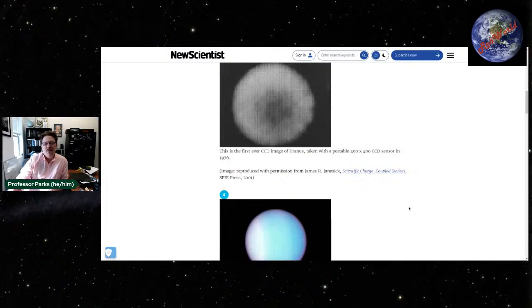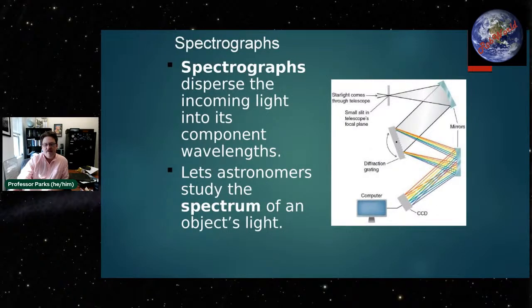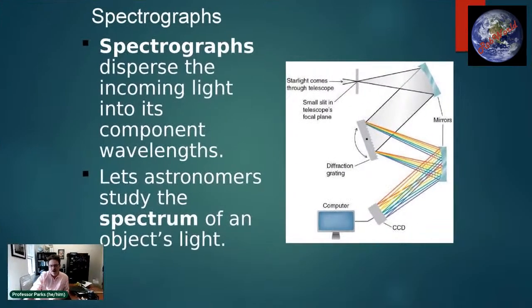All right, and so the last thing I want to talk about in terms of this is a spectrograph. Now, a spectrograph is a more complicated instrument that is used to split the light into its component colors so that we can get those nice astronomical spectra that I talked about before.